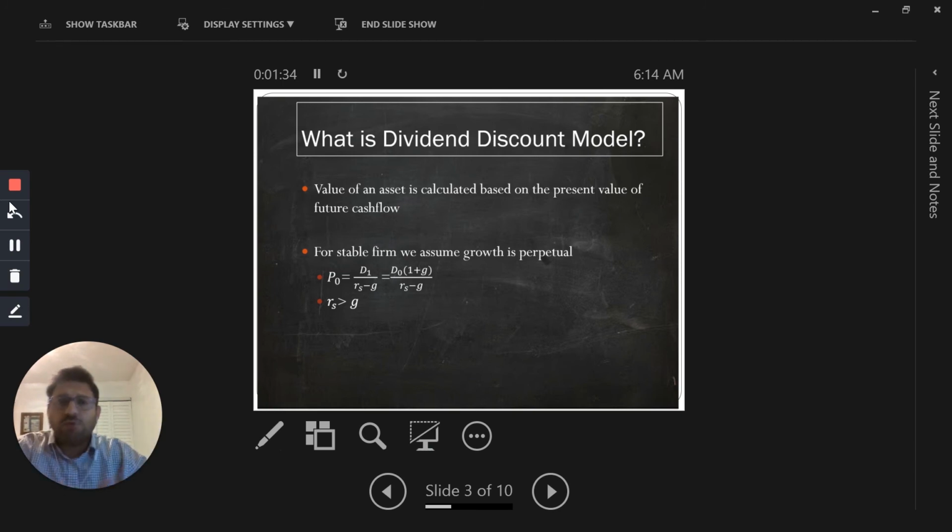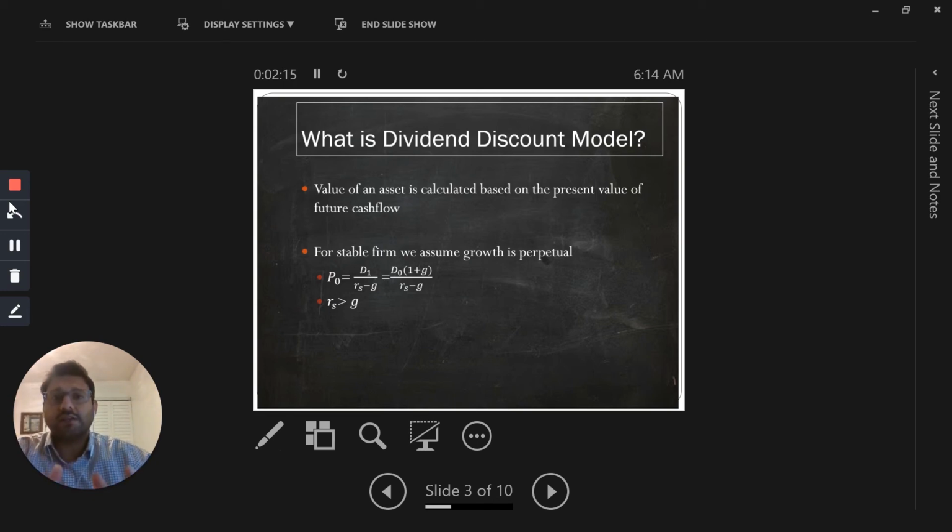If we discount the future value of these cash flows which the asset is generating and find their present value, then the sum of the present value of all these future values basically gives us the price of the asset. So the same thing applies to the stock as well. The cash flow related to the stock is the dividend. So if we guess the future dividends and find their present value, and add those present values together, we'll get the price of the stock.